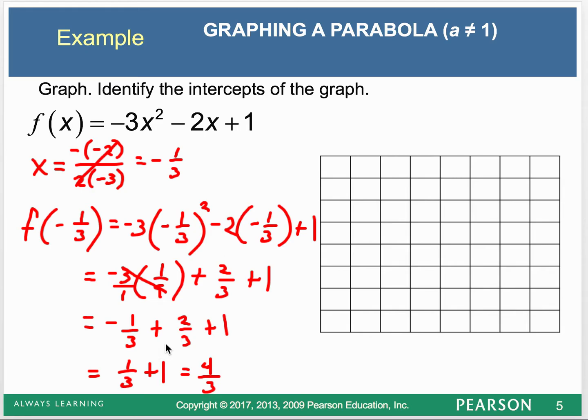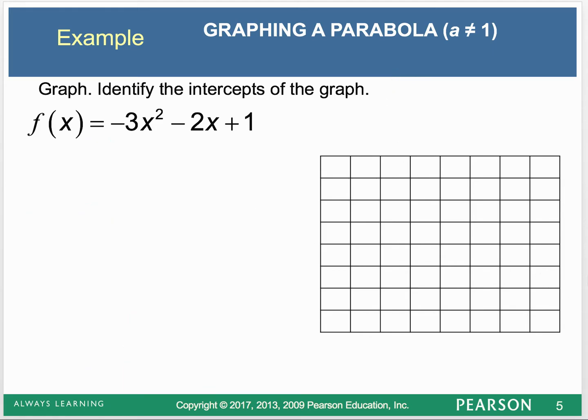And you might be saying, oh my word, that's not that much easier. Well, in reality it is, but that's only when you wind up with a fraction, right? Which is rare when you're doing these, at least for this course, they make it nice. So I'm going to just list that up here because I'm going to need that room. So we know our vertex is negative 1/3, 4/3, right?